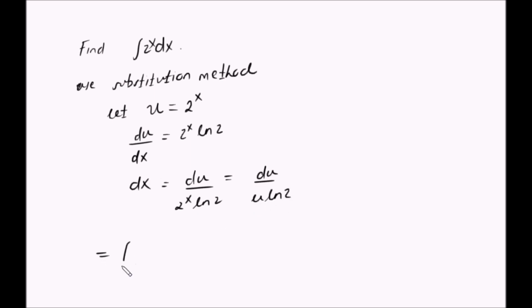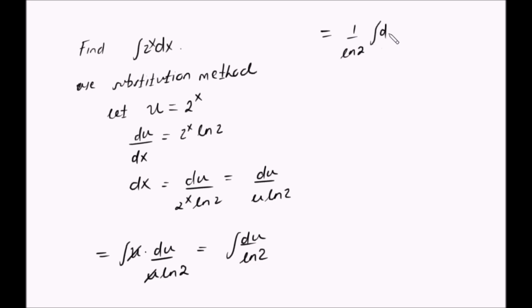So nikirudi kule juu now, 2 power x ni u, alafu dx ni du over u ln 2. So u na u wanakufa, nabaki na du over ln 2. So ln 2 is constant, naweza nikaitoa nje, it becomes 1 over ln 2 du. So nikiintegrate du now, I get u plus c.